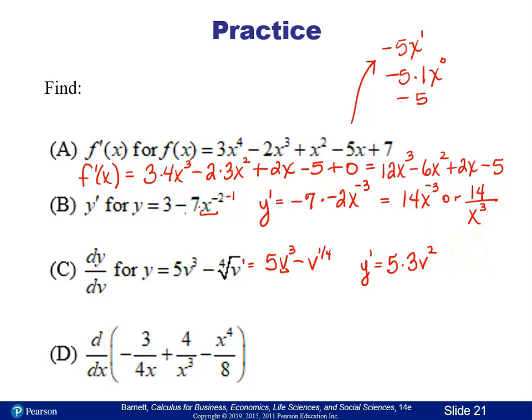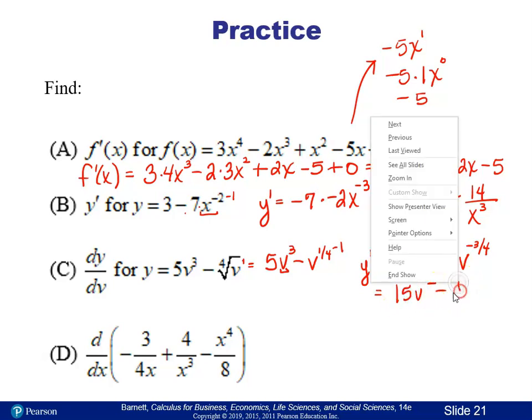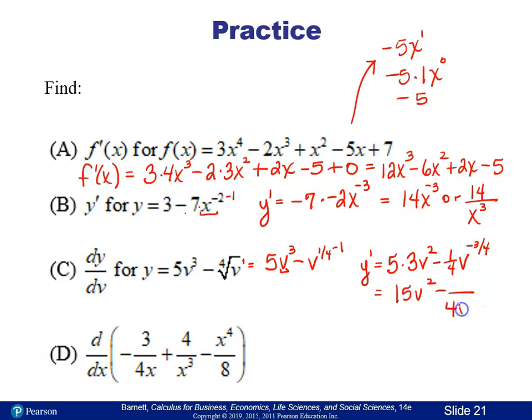Whatever variable they start you with is what you need to continue the whole problem with. So 15v to the second minus 1/4 v to the negative 3/4, because you're going to do 1/4 minus 1, which will be negative 3/4. So that will be 15v squared minus 1/4 v to the 3/4.